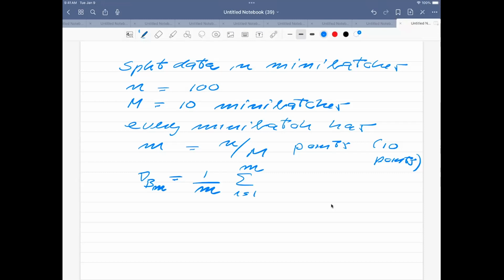And then we would calculate this cost function, or the gradient actually, as a function of the points which we have in here, which are now given by these mini batches.